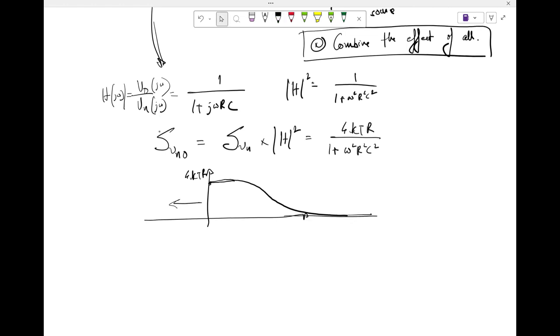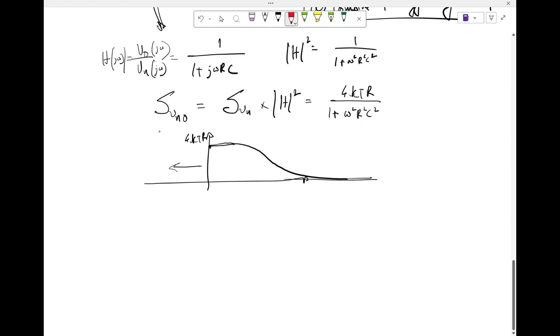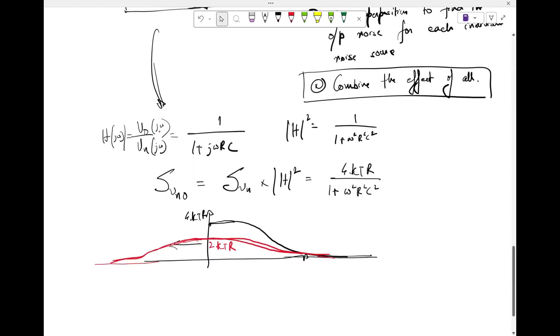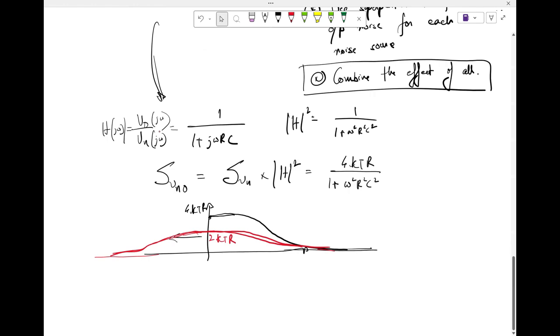If I have to take two sides as spectral density, then this should be 2kTR and then it should go something like this. So this is 2kTR. Okay, so this is as far as doing a noise analysis in a simplistic resistor case is concerned.